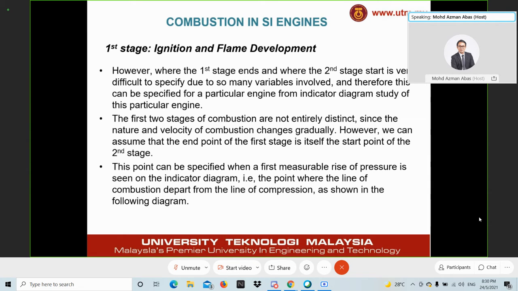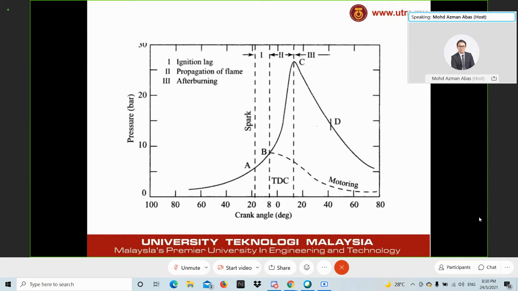This point can be specified when the first measurable rise of pressure is seen in the indicator diagram, which is the diagram we referred to in the previous slide. It is the point where the line of combustion departs from the line of compression, as shown in the following diagram. If you look at the curve before point A, the rate of increase of pressure is quite consistent.